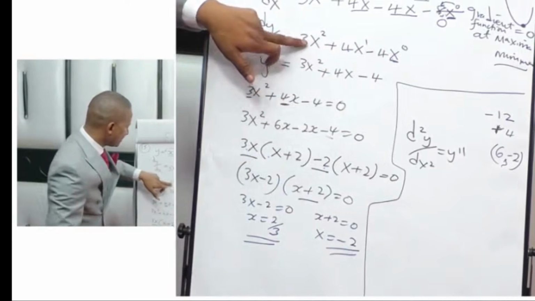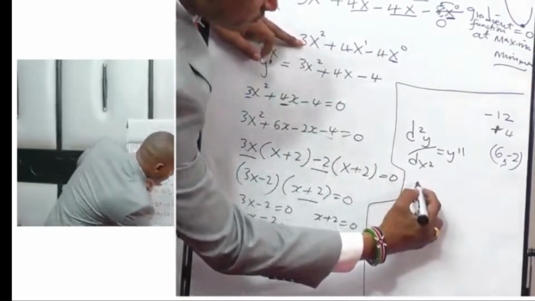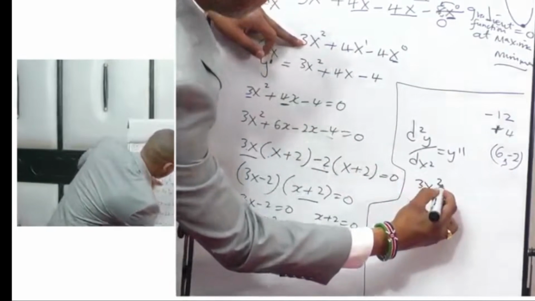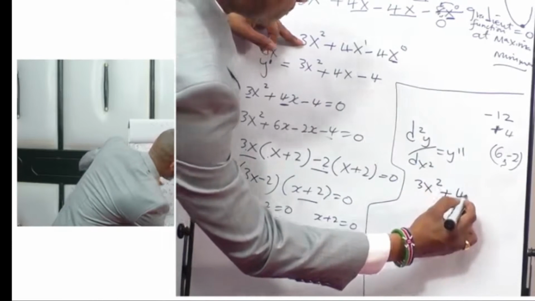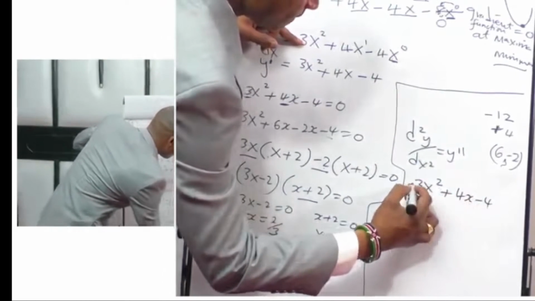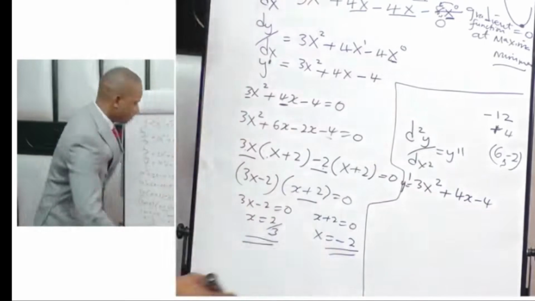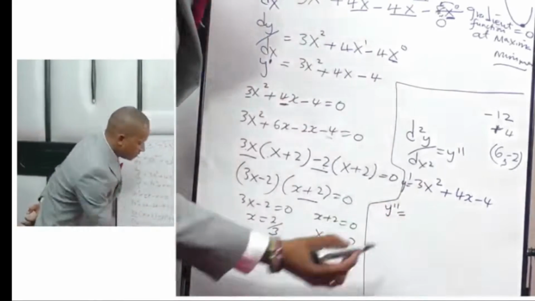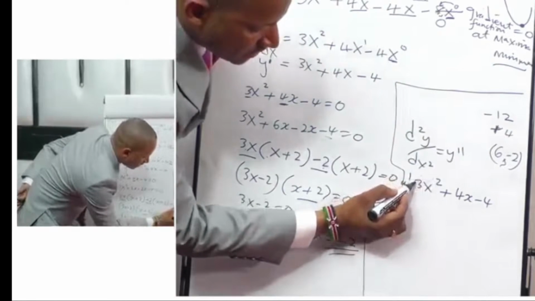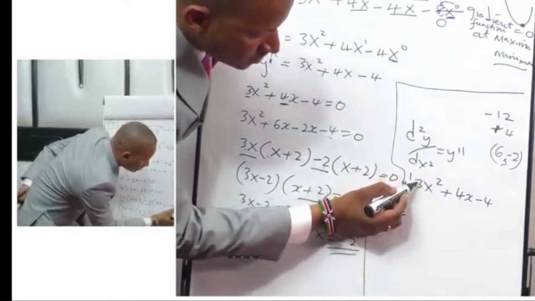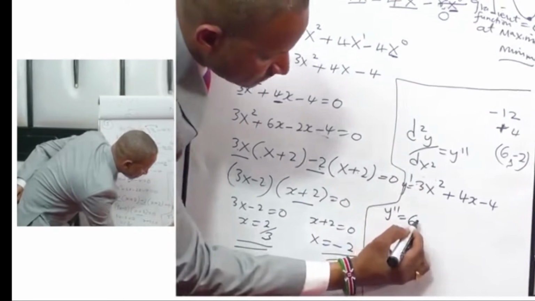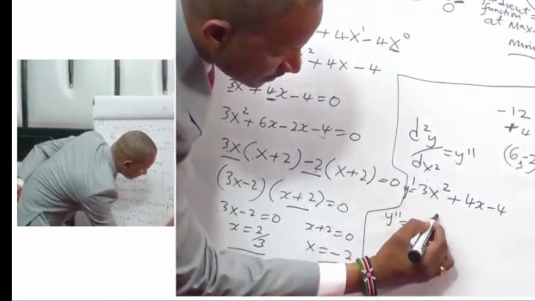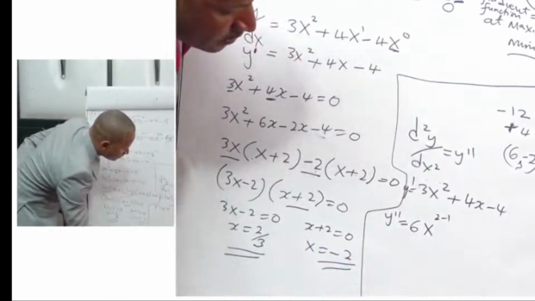So when you differentiate this, we are differentiating 3x squared plus 4x minus 4 equals y prime. So for the second derivative, differentiate this: drop the power 2, I said you drop the power, which is 2 times 3, which is 6. Then x, then that power minus 1.